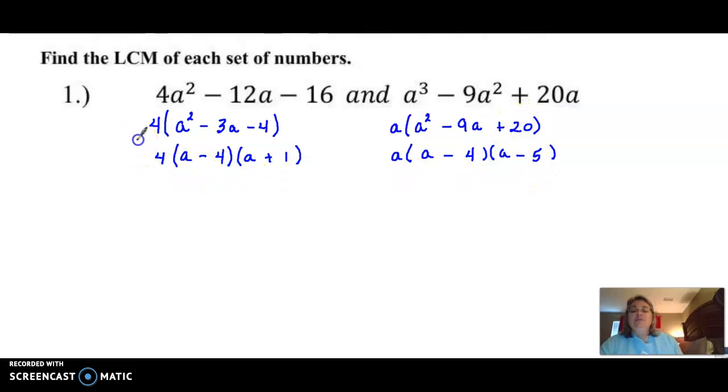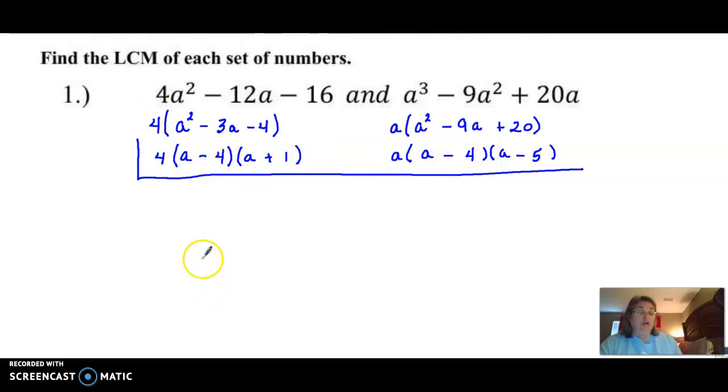So we're going to do just like we did before. We're going to draw our little upside down division bar, and then we're going to divide, looking for what's common in both of these two giant things or clusters of factors. Notice this has an a minus 4 and this one has an a minus 4. So I can factor out a common a minus 4.